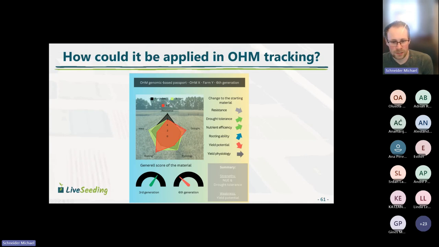For instance, you could say the population has gained quite good power in rooting, but the yield potential declined quite dramatically over the period. And it might be time to re-establish this population with new fresh seed material. I think this question was also asked in the first module today.